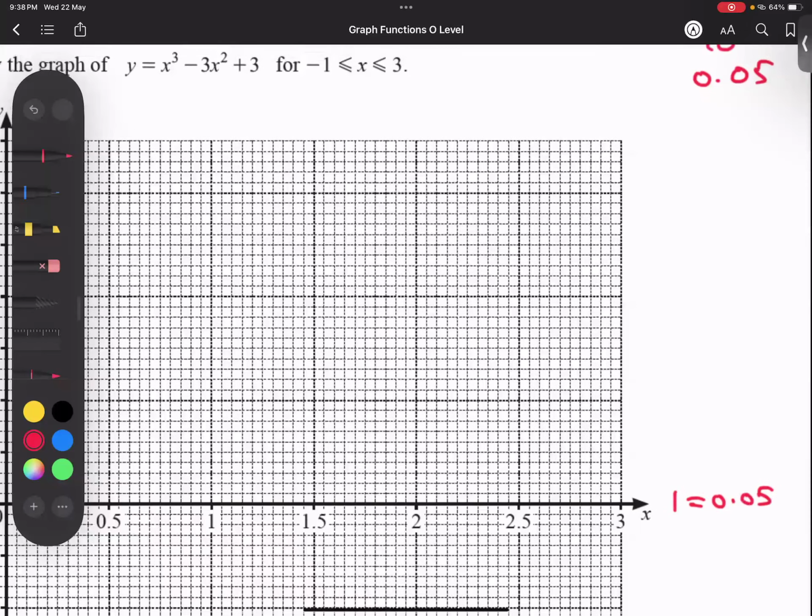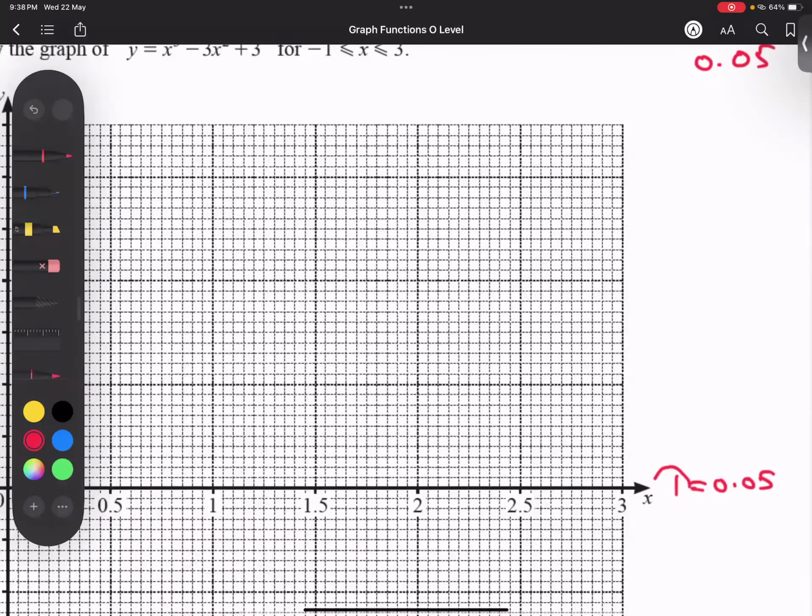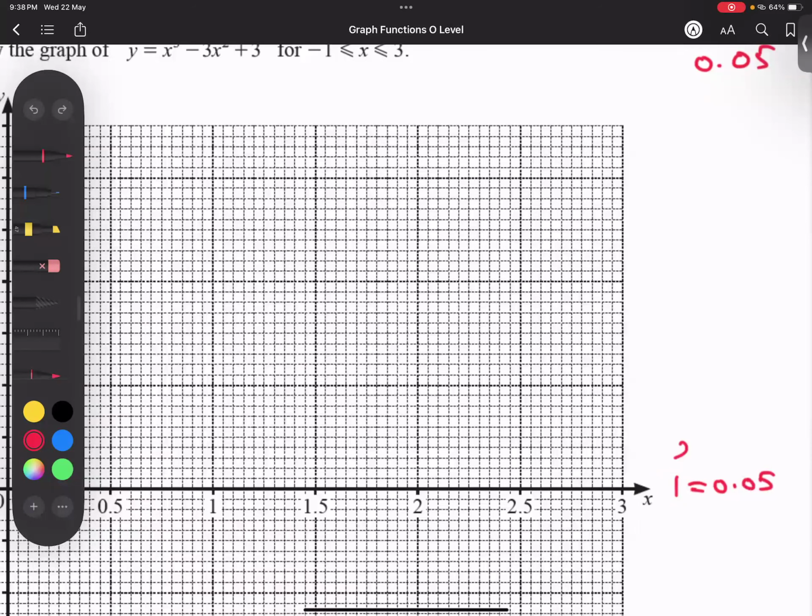If I multiply by 2, it becomes 0.1, so 2 boxes is 0.1 and 1 box is 0.05. For example, this is 2, after 2 boxes this is 2.1, this is 2.2, 2.3, 2.4, and then 2.5. I hope you got the point of why I drew it like this.